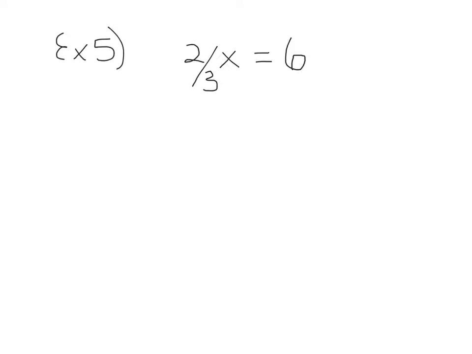So to undo 2/3 times x, I need to multiply by the reciprocal. So the reciprocal is a fancy way of saying the opposite fraction. So my opposite fraction or reciprocal would be, in this case, instead of 2 over 3, it's going to be 3 over 2. So I'm going to multiply both sides by 3 over 2.